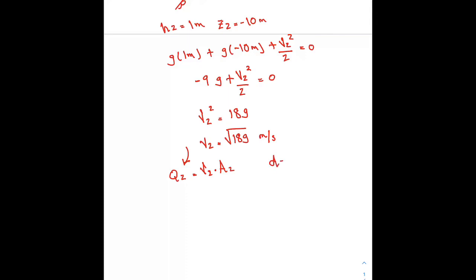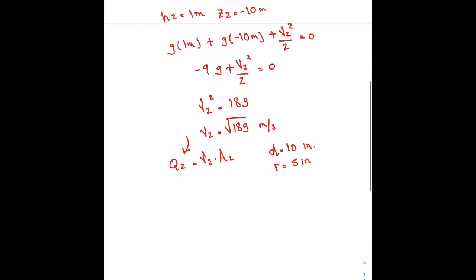The diameter of the pipe is 10 inches, and so the radius will be half of that, 5 inches. And since we want to stay with the same units, we can convert this into meters. So a conversion will lead to 0.127 meters.